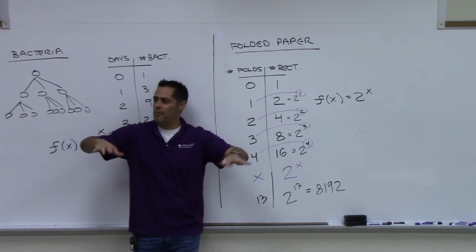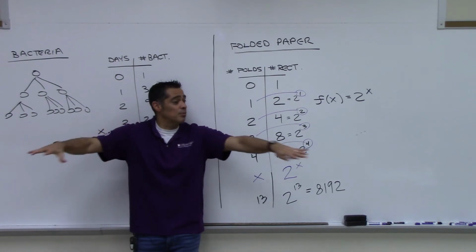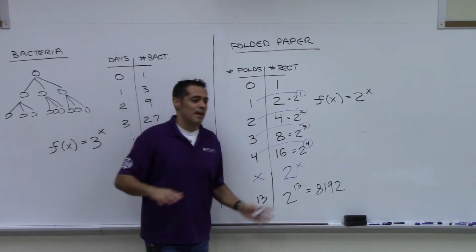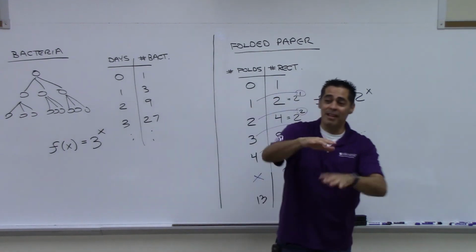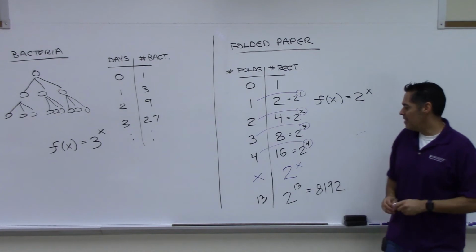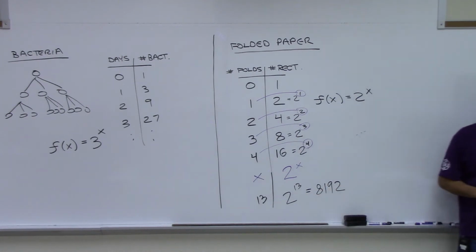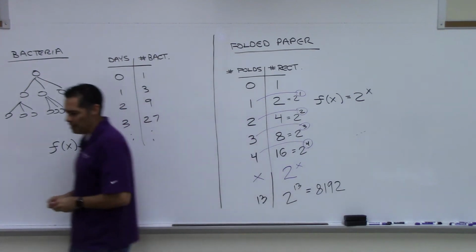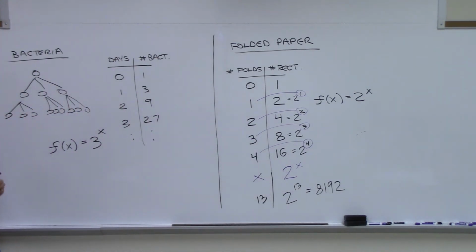It took up maybe 2 or 3 of these classrooms. And they laid it out in an aircraft hangar and they folded it and folded it. And they got a steamroller and actually steamrolled it to flatten it out. And I think they got to 13. I'm not sure. But then they couldn't go any further. I don't remember the episode. But physically, there's a restriction on what you can do.